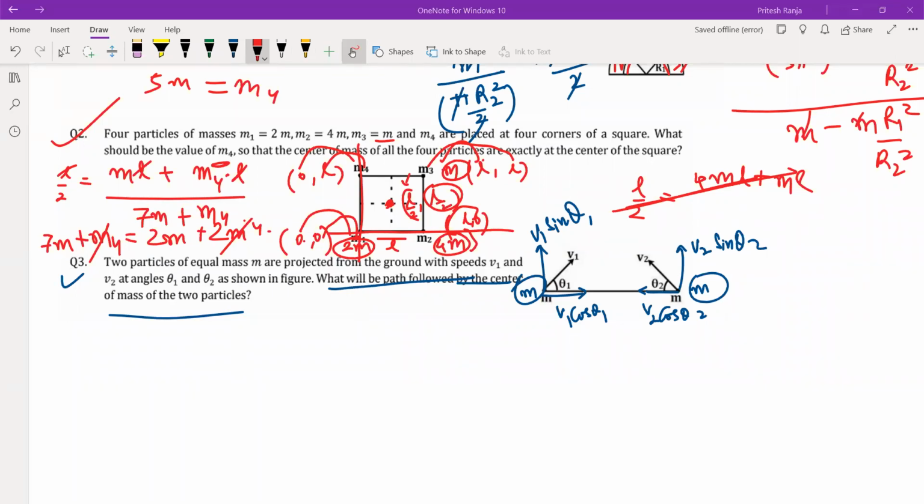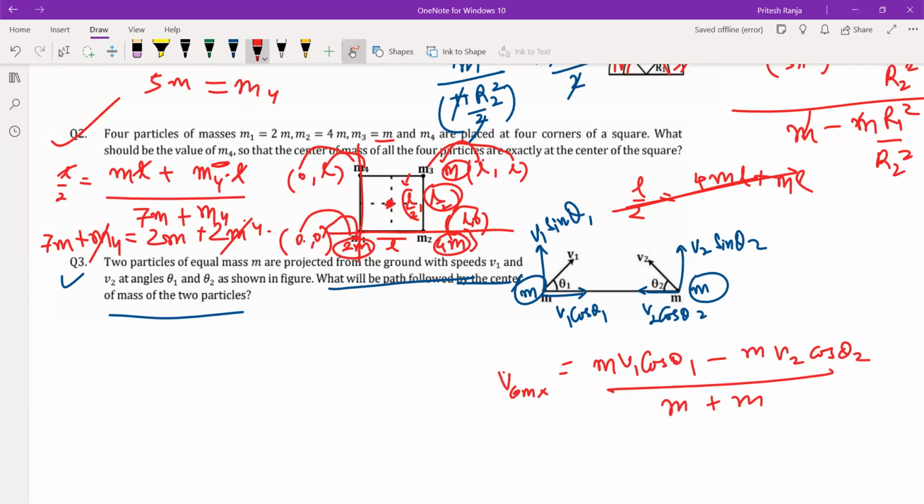So center of mass along the x-axis, VCOM along the x-axis, what will this be? m into v1 cos theta 1 minus m into v2 cos theta 2 divided by m plus m, right? This will be the velocity of center of mass along the x-axis.